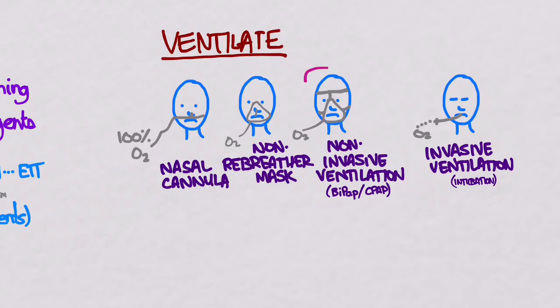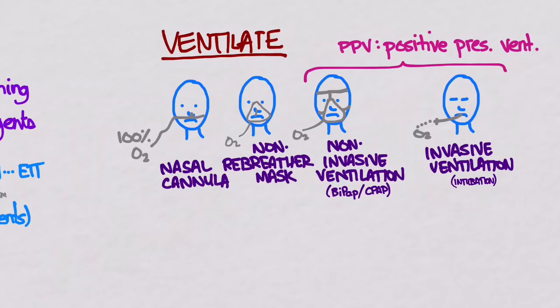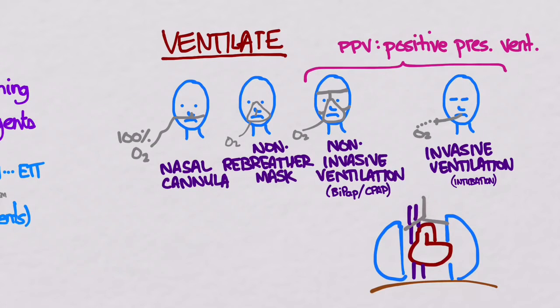Now, a quick word about ventilation. These two methods here are positive pressure ventilation, meaning we are shoving air down their throat. And that has some implications. So with positive pressure ventilation, we're shoving air down into the lungs, and then that causes the intrathoracic pressure to be positive because we've got all this pressure building up in here, as opposed to the negative pressure system that normally exists.